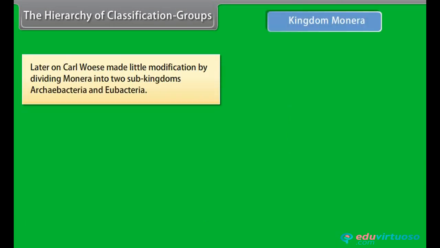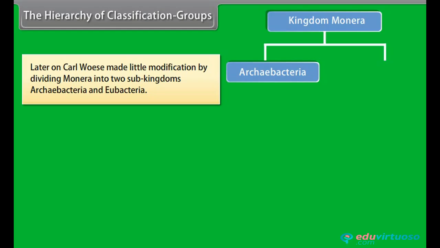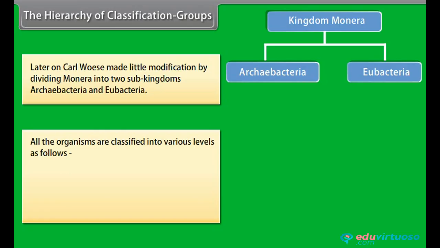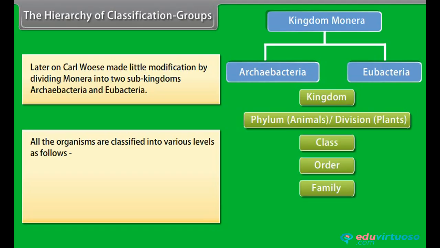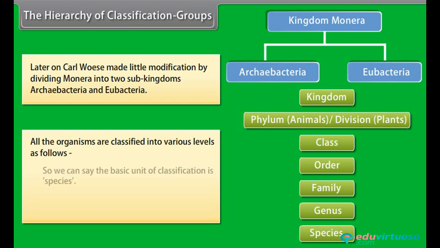Later on, Carl Woese made a little modification by dividing Monera into two sub-kingdoms, Archaebacteria and Eubacteria. All the organisms are classified into various levels as follows: Kingdom, Phylum (for animals), Division (for plants), Class, Order, Family, Genus, Species. So we can say the basic unit of classification is species.